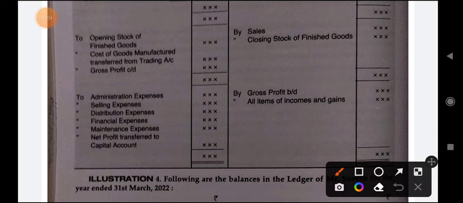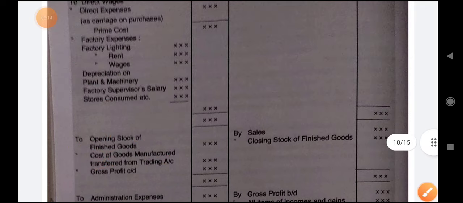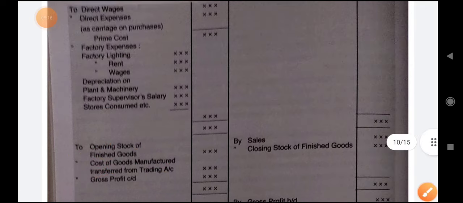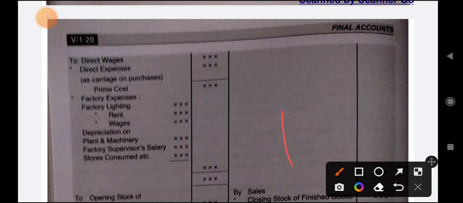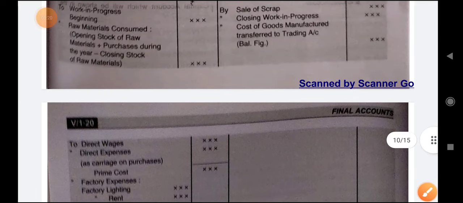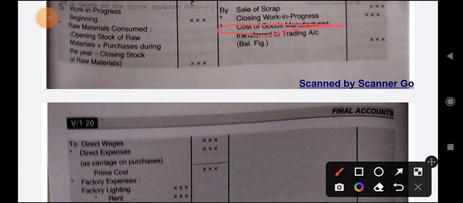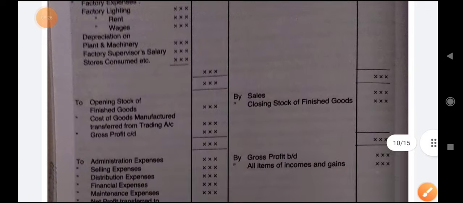In trading account, to opening stock of finished goods we will take. Cost of goods manufactured, the balancing figure, is transferred to the trading account.